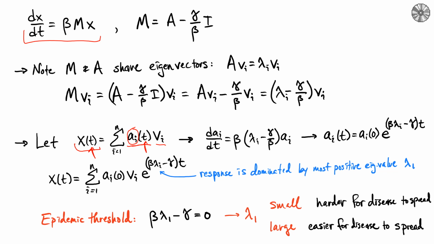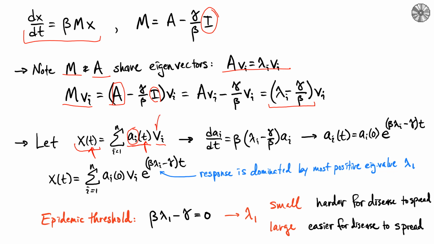What enables this is that the eigenvectors of A and the eigenvectors of M are the same, because the identity matrix doesn't change the eigenvectors. In the eigenvector-eigenvalue equation, if I multiply M by this vector v, because it's an eigenvector of A, we also get a term related to v, and because the identity doesn't change v, we get v back again. So that easily gives new eigenvalues: the eigenvalues are shifted by gamma over beta, but the eigenvectors are the same.